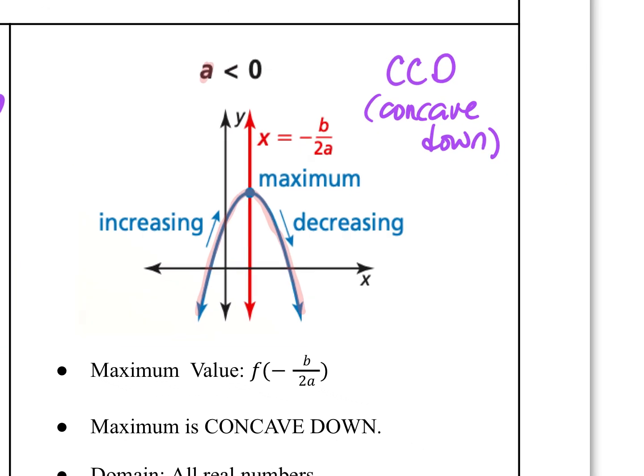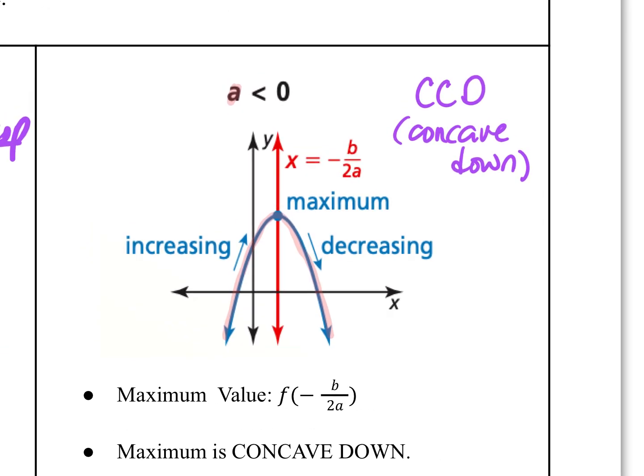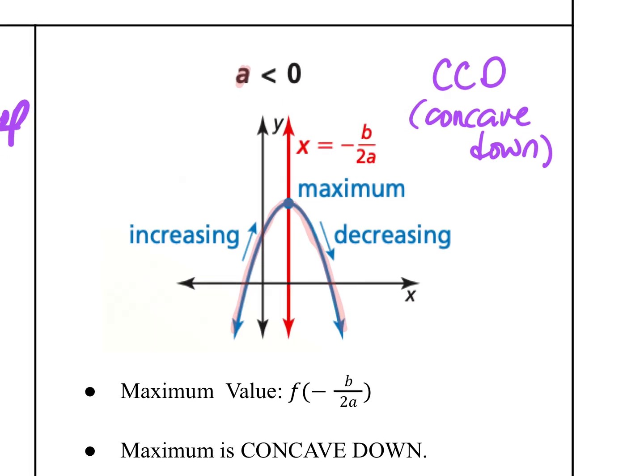Okay, going down to this concave down graph, this is where you're going to see that the function is actually increasing on one side. That's the opposite of the other one earlier. So if you trace your function from the left side, it's increasing, and once it reaches its maximum, the vertex, it's now going to be decreasing again on the other side.